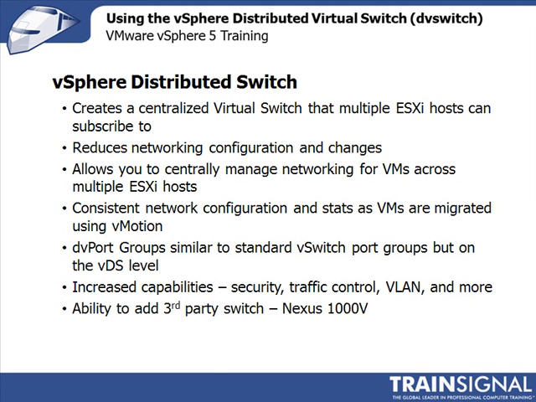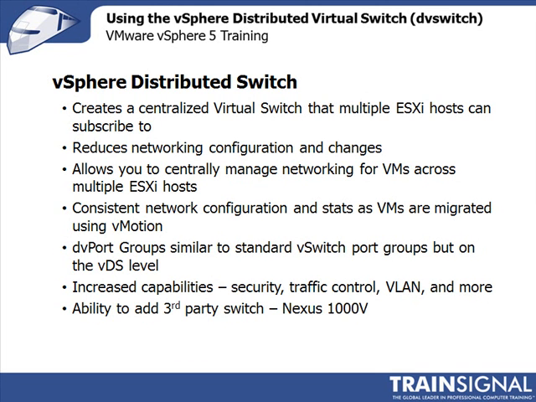Instead of making a change on each ESX host, you make it on a centralized virtual switch, and any ESX host that is subscribed to this virtual switch gets access to the same port groups, same subnets, same networks, etc. You can see how this reduces configuration and change time, because you're not doing this multiple times. This also reduces the window of error because you're doing it once.